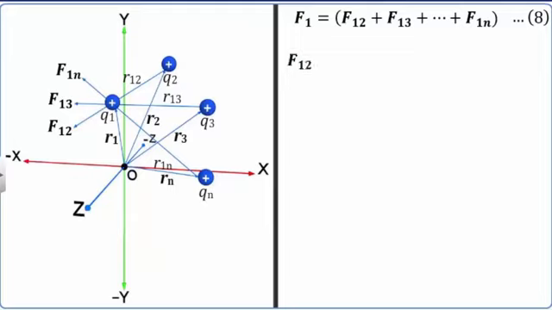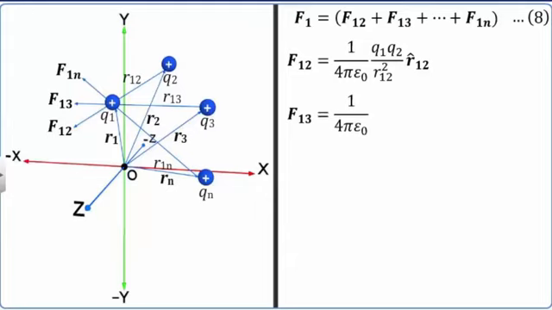F12 is the force on the charge Q1 due to Q2 and is equal to 1 by 4 pi epsilon naught into Q1 Q2 by R12 square into R12 cap. R12 is the distance between Q1 and Q2 and R12 cap is the unit vector in the direction of the force F12. F13 is the force on the charge Q1 due to Q3 and is equal to 1 by 4 pi epsilon naught into Q1 Q3 by R13 square into R13 cap.